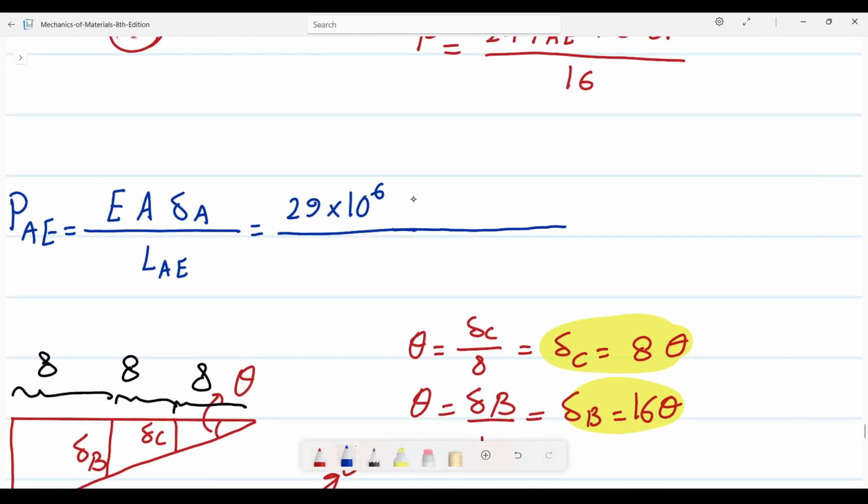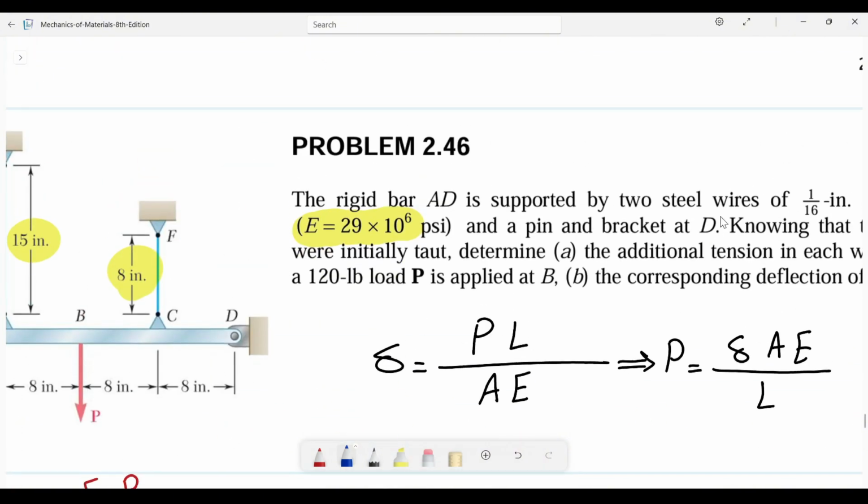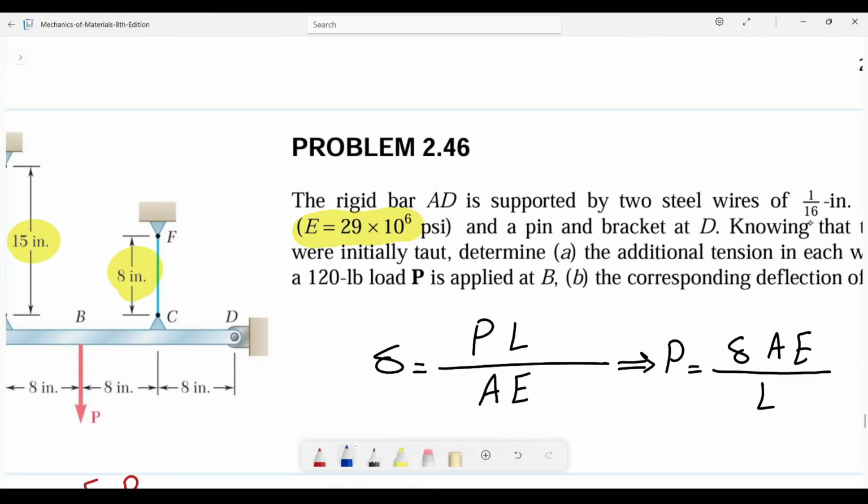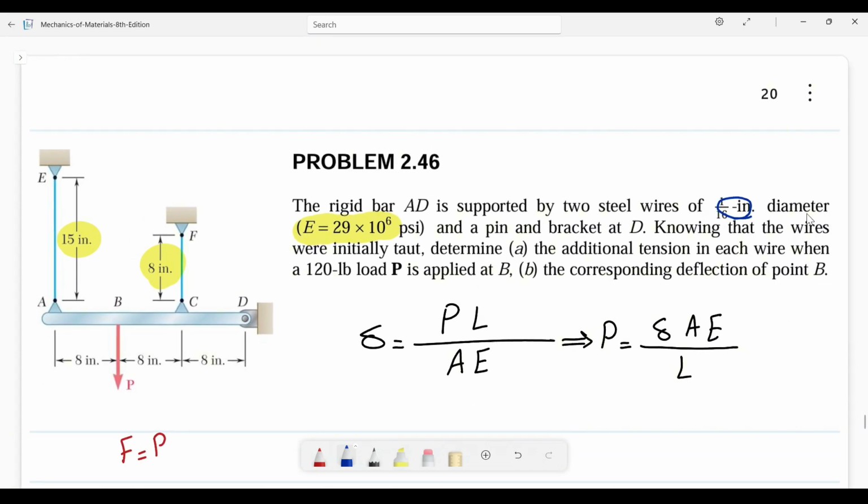And area, which is equal to pi divided by 4 multiplied by 1/16 to the power of 2, where this is the diameter.